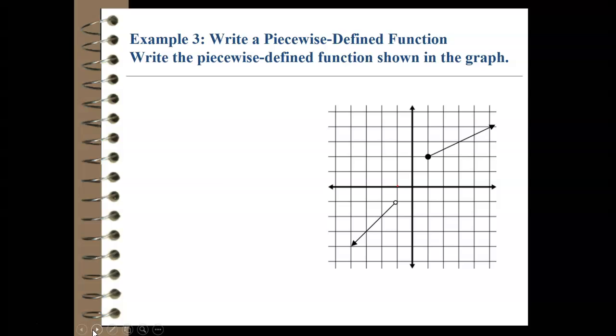So that means this graph right here is represented by x values less than but not equal to -1.